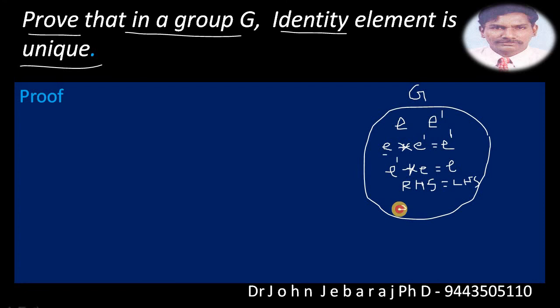That means E dash must be equal to E. So both elements are the same. That's what we have proved. This is the way we prove that each and every group has an identity and that it is unique. That's what we have to understand.